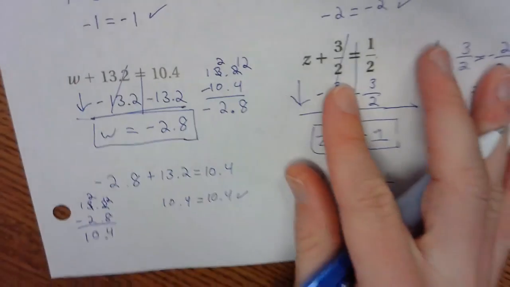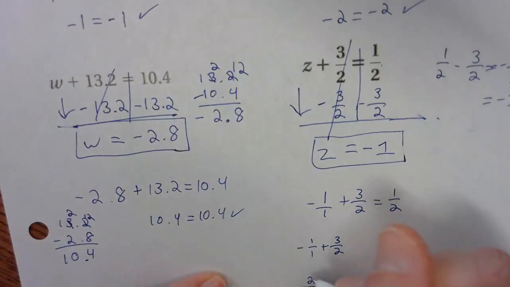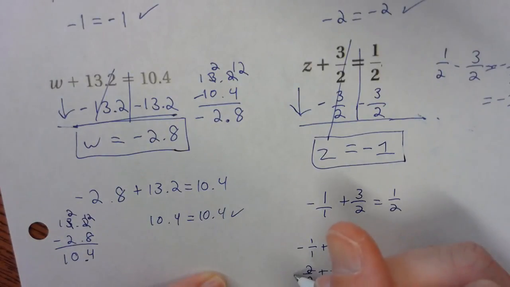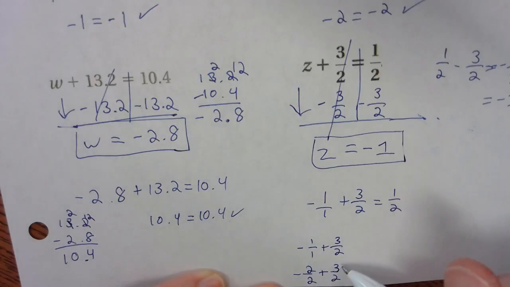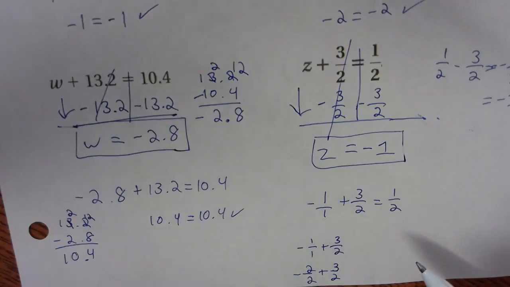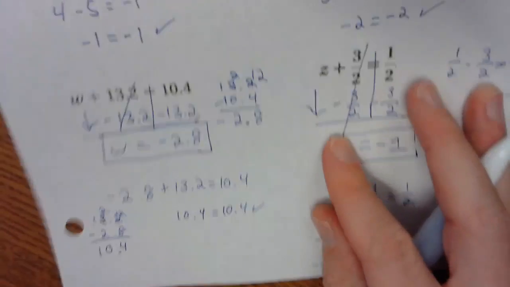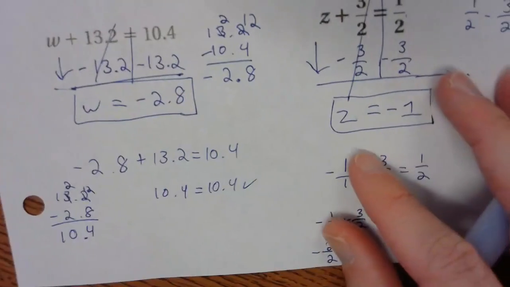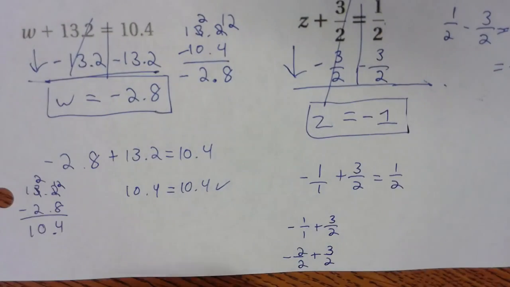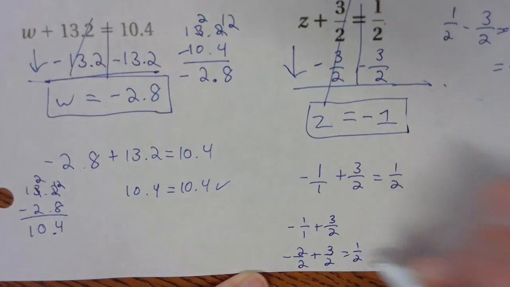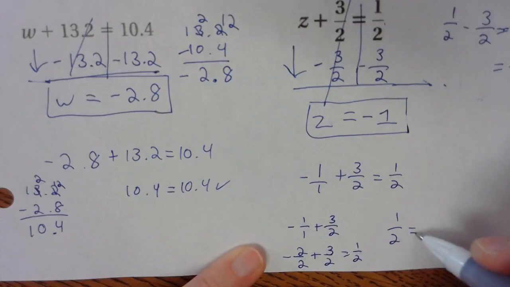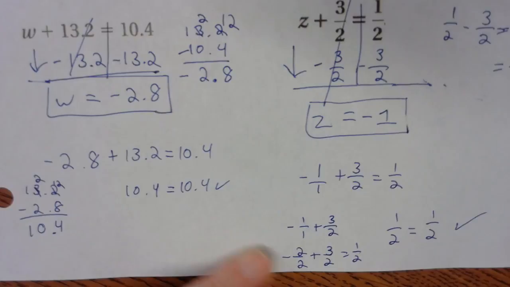So my common denominator I'm going to use is a 2. So negative 2 plus 3 gets you a positive 1. Sorry about that. And positive 1/2. So 1/2 equals 1/2.